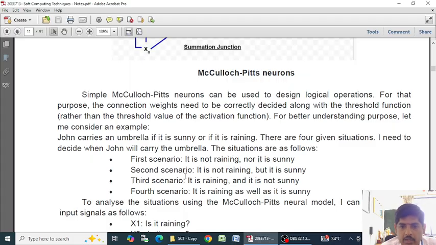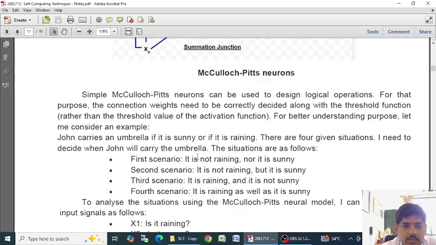Second scenario: it is not raining but it is sunny, so it is very hot and there is no rain. Third scenario: it is raining and it is not sunny, so there is rain but no sun. Fourth scenario: it is raining as well as sunny. We will consider these four scenarios to analyze the situation using the McCulloch-Pitts neuron model.